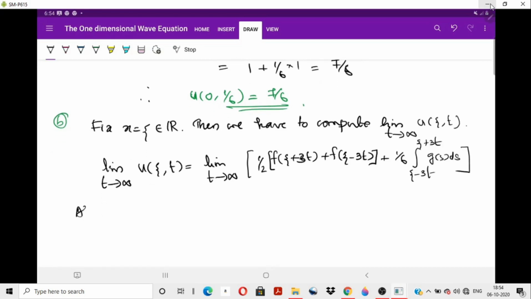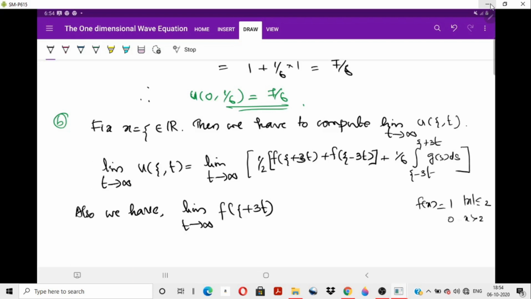Also, we have the limit as t tends to infinity of f of theta plus 3t. We know that f of x is equal to 1 when mod x is less than or equal to 2, and 0 when mod x is greater than 2, that is x greater than 2 or x less than minus 2.